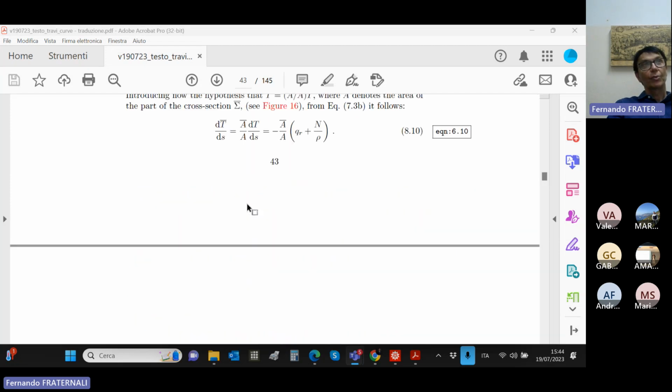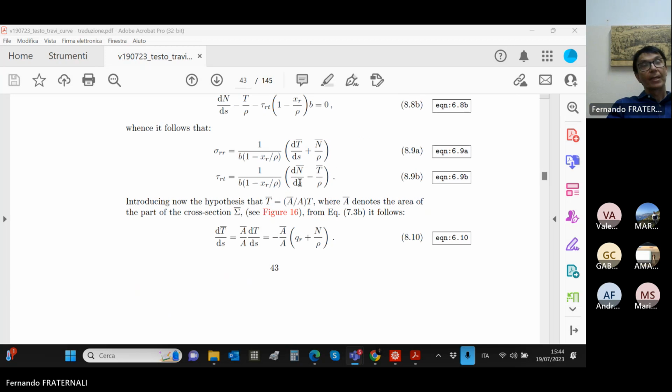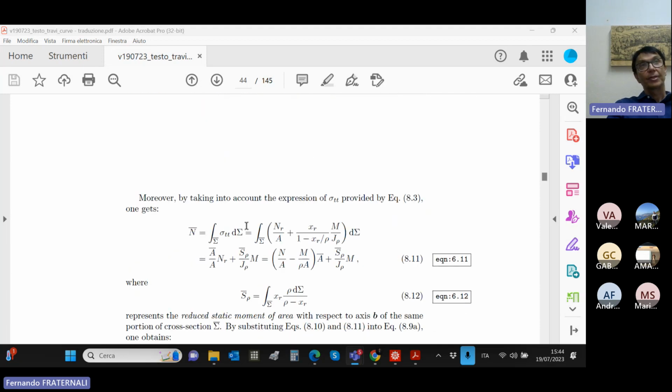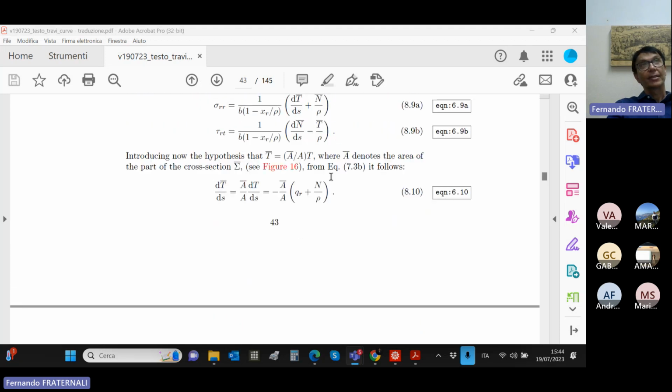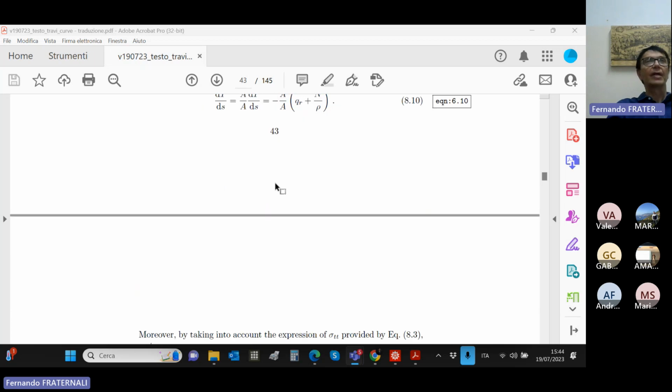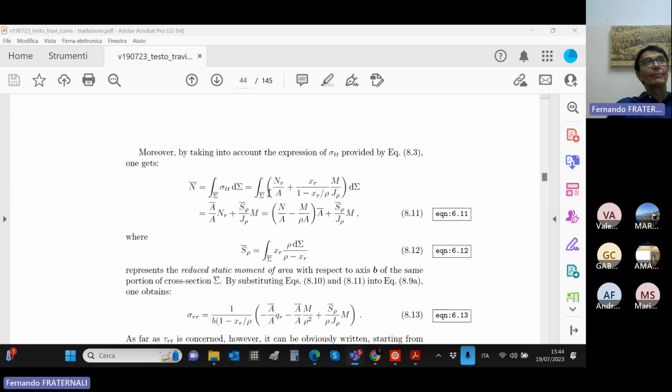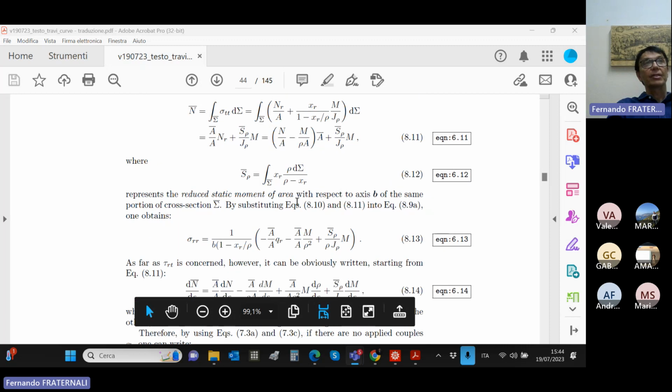For the dT bar over ds, we use this equation, which is just the equilibrium equation of the beam with this scaling factor. And we finally obtain this expression of the sigma RR.